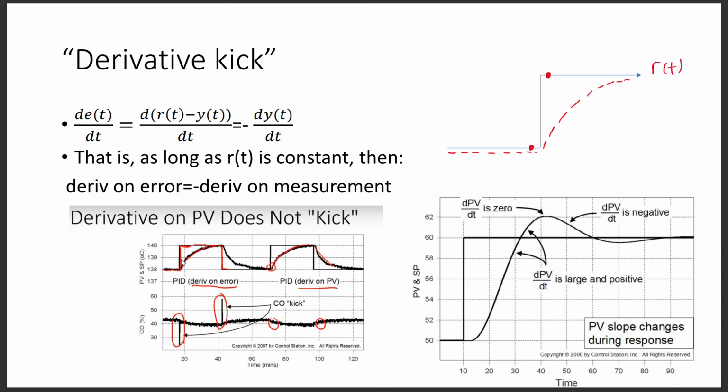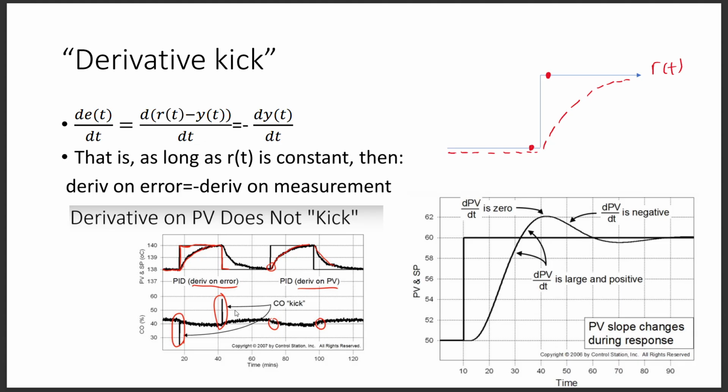So the error here is bigger, and then it gets smaller, smaller, smaller, almost zero. And then at this point, it suddenly jumps into a bigger number. The derivative, seeing this behavior, an error value that jumps from zero to a big number, takes the derivative of that, and that is a spike, or as we call it, derivative kick.